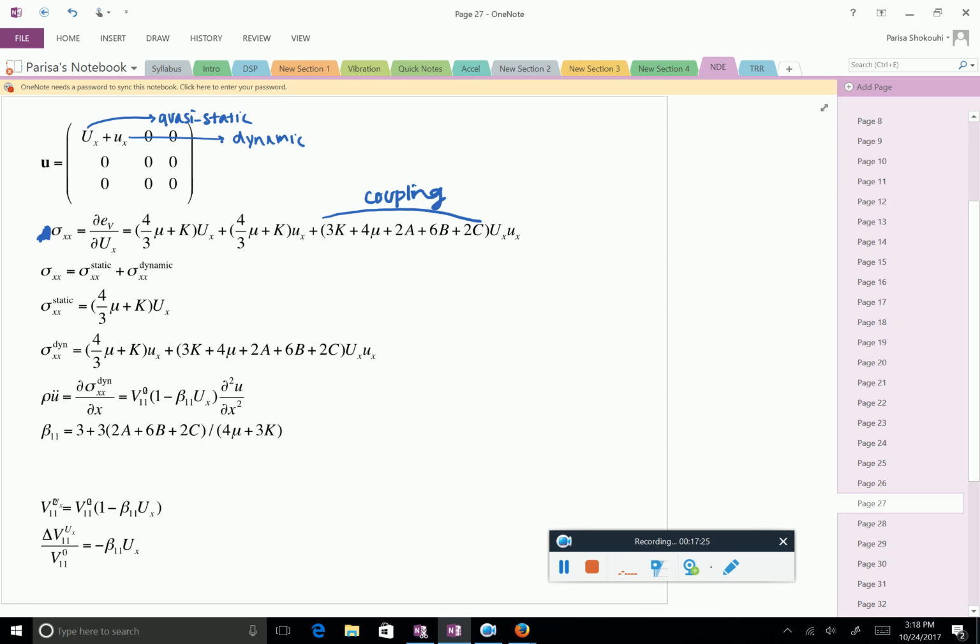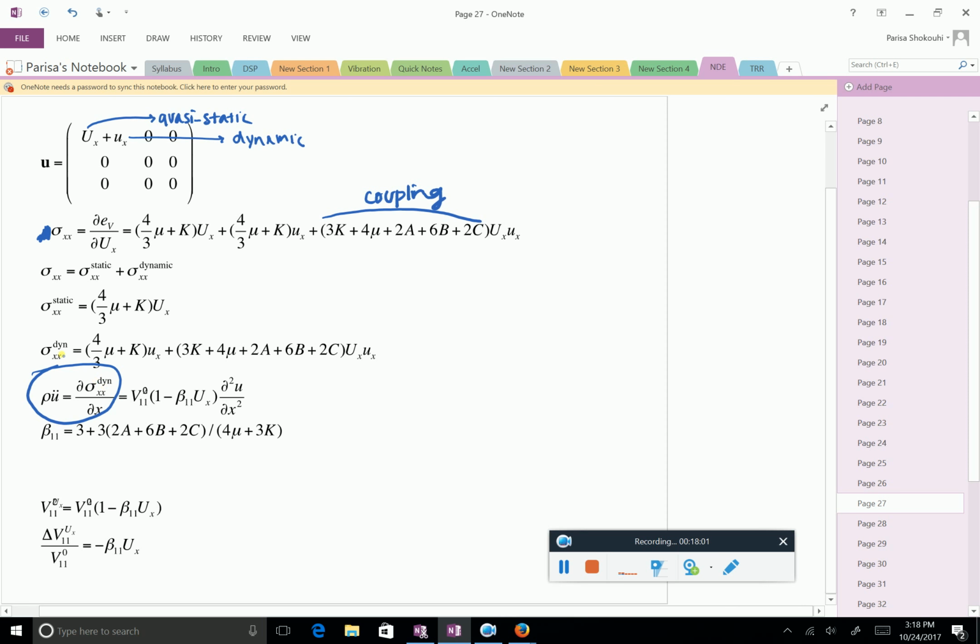And then if you put this sigma into the wave equation, you will see that the relationship between U double dot and the second derivative with respect to x takes this form. So that's exactly what we are looking for. So basically, we have the static, dynamic, and just taking the dynamic, that's nothing else but the wave equation in the one-dimensional case.